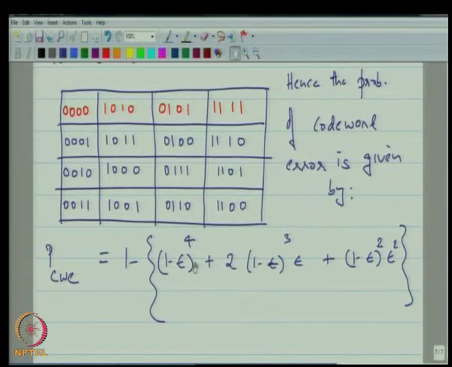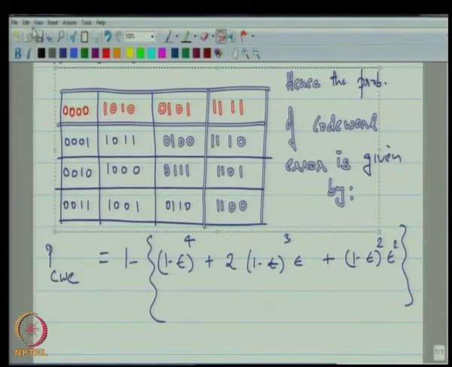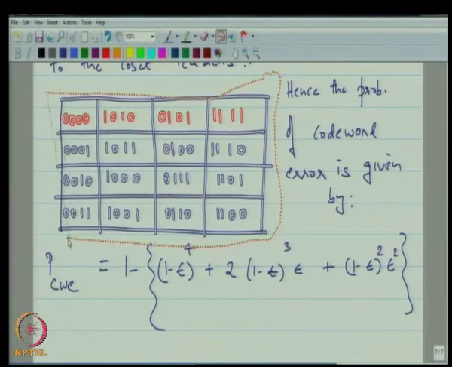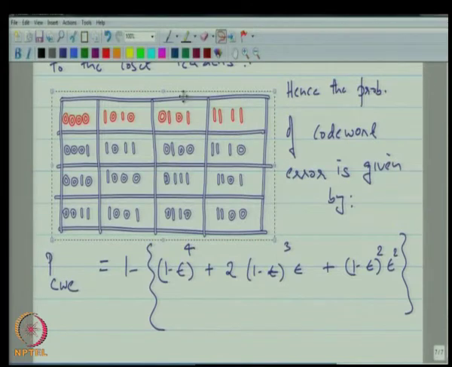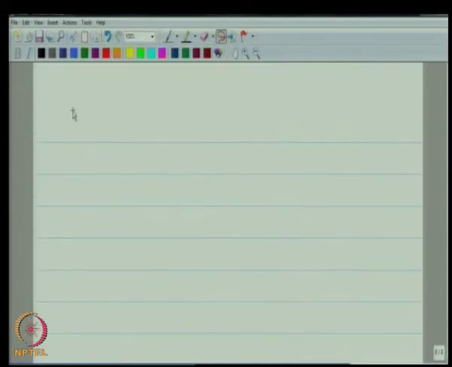So, now we have the probability of codeword error, but it is interesting that you can also use it to actually determine other error probabilities as well. So, let us do that, and again I am going to select the table, let us copy it and put it down here.